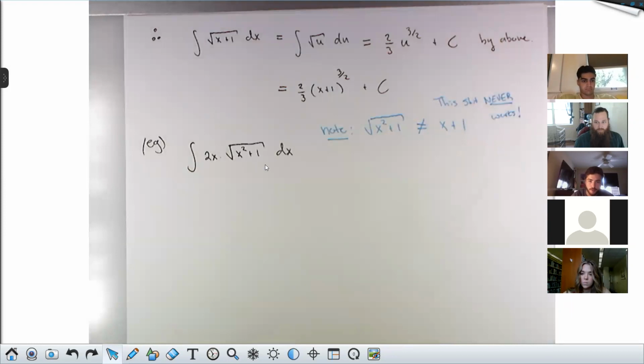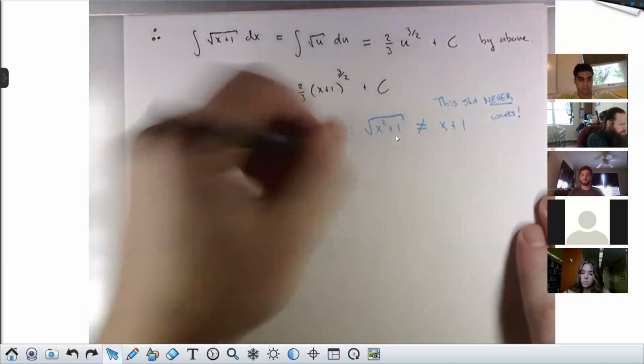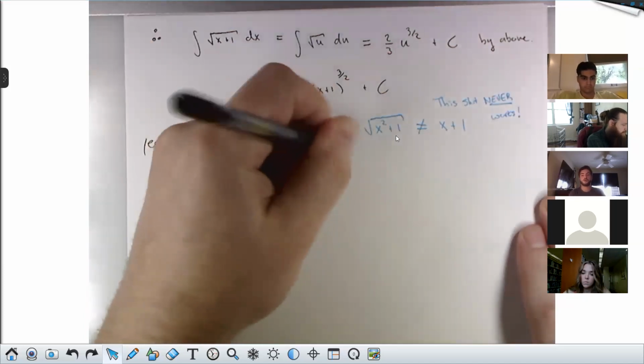I know it's tempting, but it's just not true. Plug in some numbers, right? Plug in 1 for x. Then here you get the square root of 2. Here you get 2 itself, right? 2 is not equal to the square root of 2. So we can't do that. But we can lean on that same big idea, sub for the inner function.